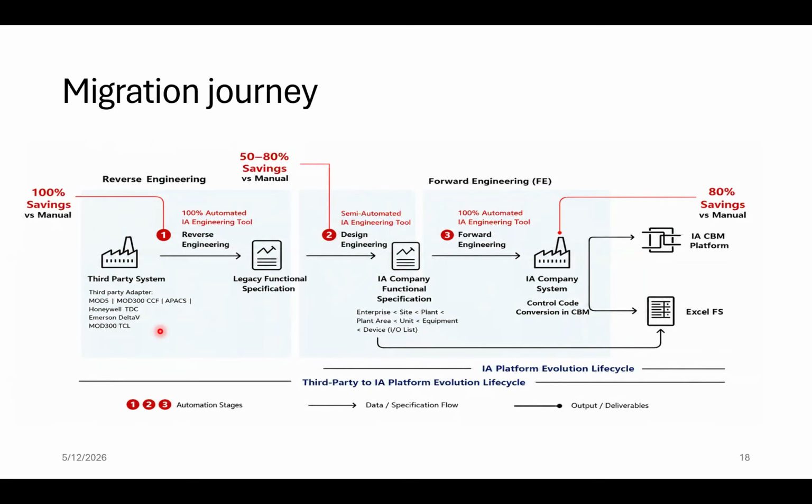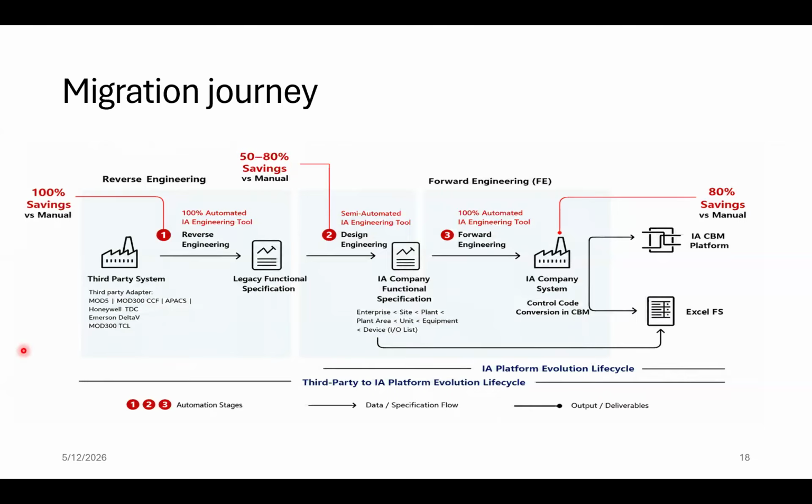It also helps engineers see the control flow clearly, reduces misinterpretation, and enables advanced analysis too. So in short, this migration is not just a format change. It's a step towards a more reliable, transparent, and future-ready automation system.